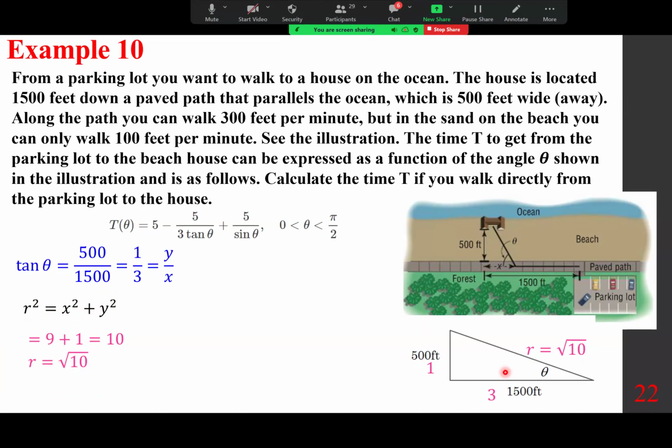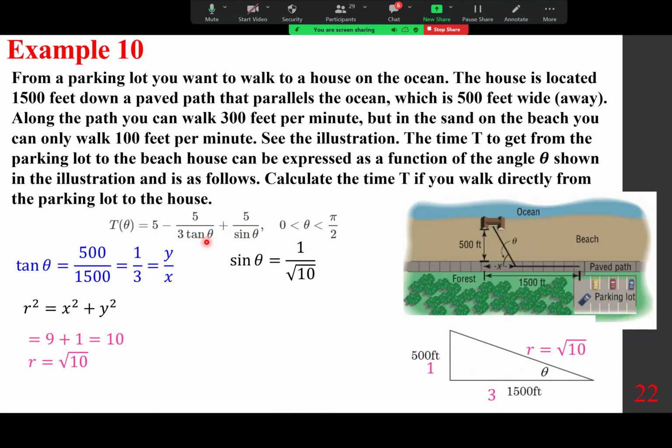And so what is the next step? Sine theta is the opposite over the hypotenuse. So 500 over that large number, or easier, 1 over square root of 10. It's the same ratio. Why are we calculating that?